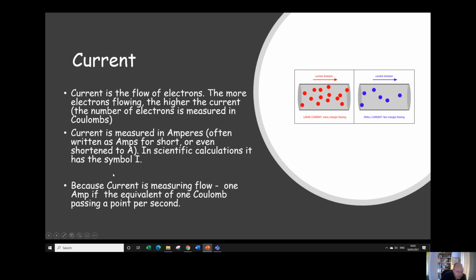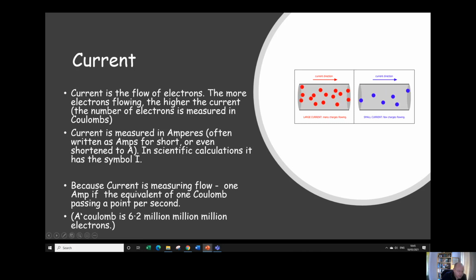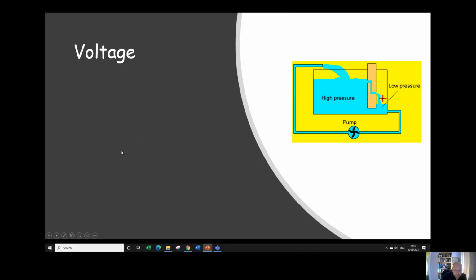Because current is measuring flow, 1 amp is the equivalent of 1 coulomb per second passing a point. So, here we go. A coulomb is 6.2 million electrons. So it's a rather large number of electrons.